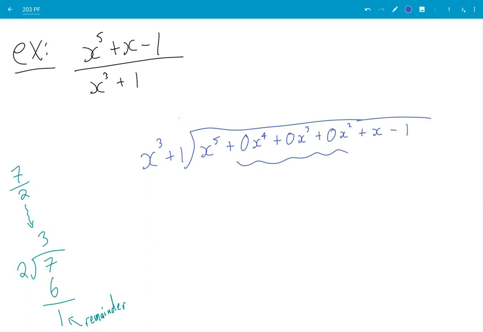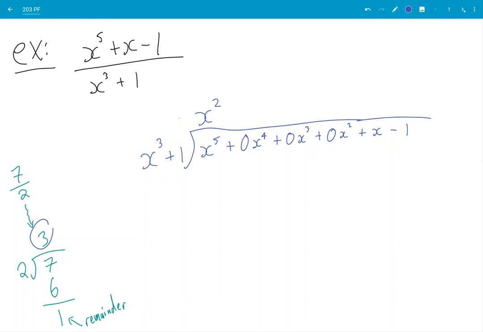Okay, what this does is it helps all my work stay arranged below here. So I'm going to follow what I did over here. I said 2 goes into 7 3 times. Now, up top here, I'm going to say x cubed goes into x to the 5 x squared times.